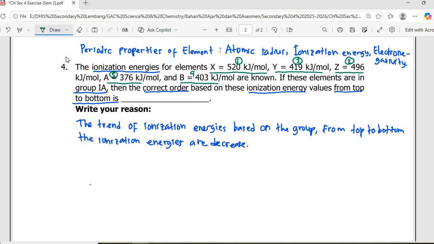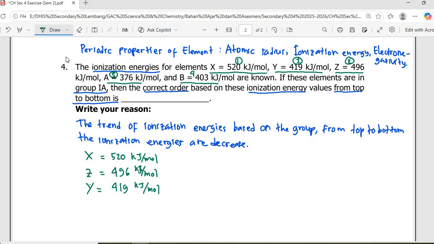So the order is like this: X, because its ionization energy is 520 kilojoule per mole. Then continue with Z, 496 kilojoule per mole. Next is Y, 419.